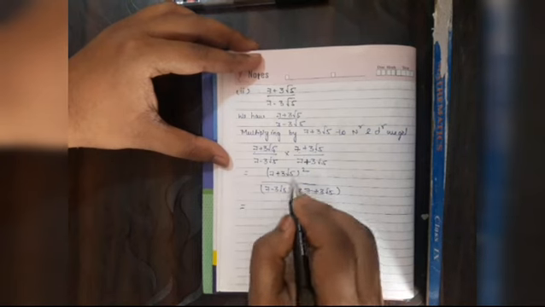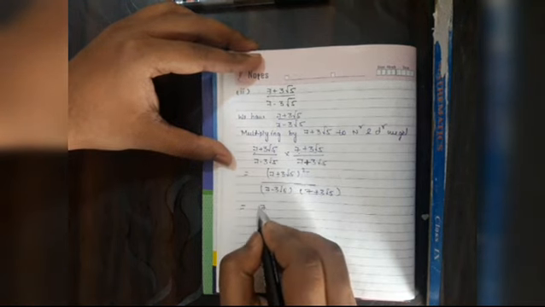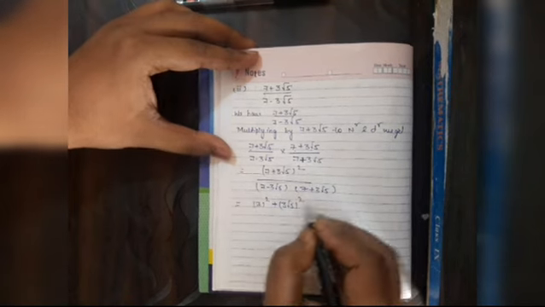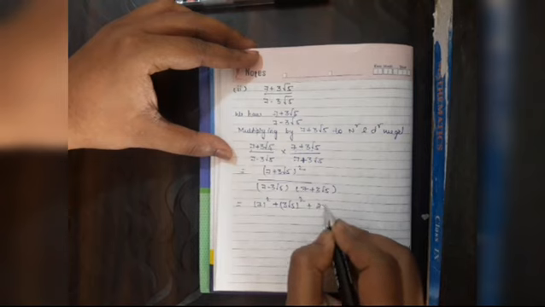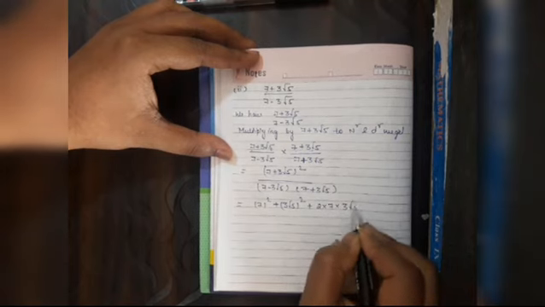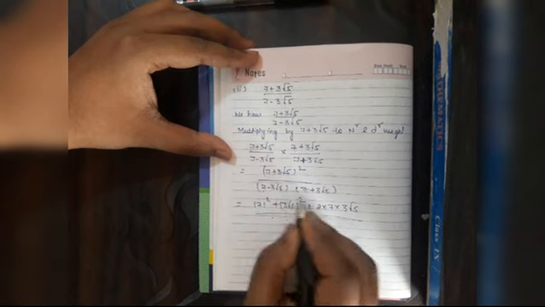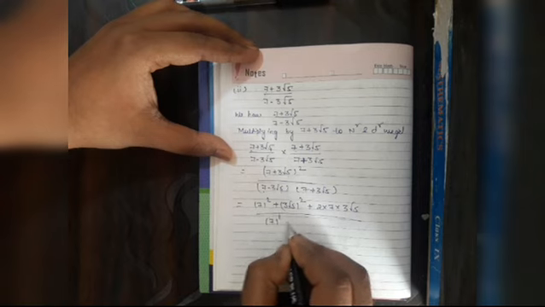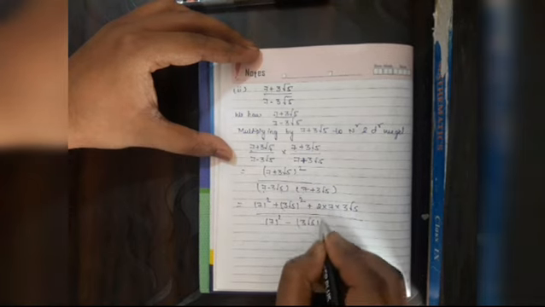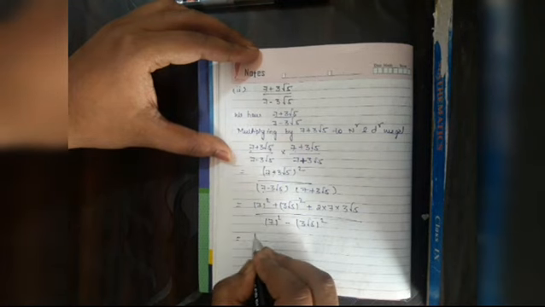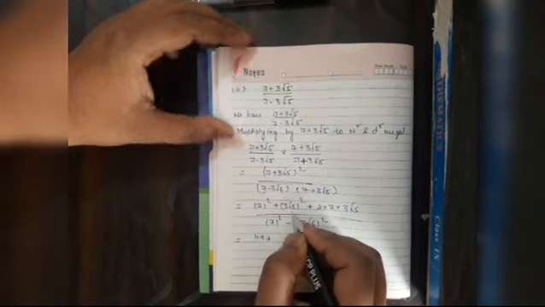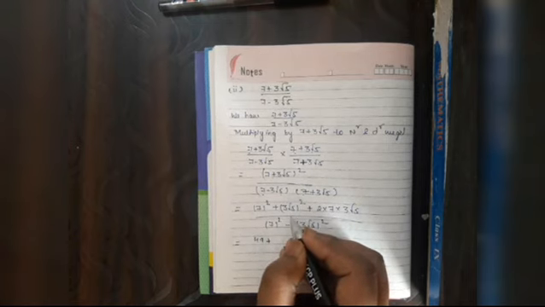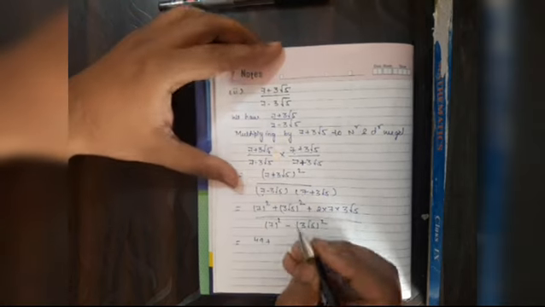This becomes a plus b whole square, that means a square, 7 square, plus 3 root 5 square, that is a square plus b square, plus 2ab, so 2 into 7 into 3 root 5. In the denominator, a plus b times a minus b, the identity is a square minus b square. So 7 square minus 3 root 5 square. 7 square is 49, and 3 root 5 square: 3 3s are 9 and root 5 into root 5 is 5, 9 5s are 45.